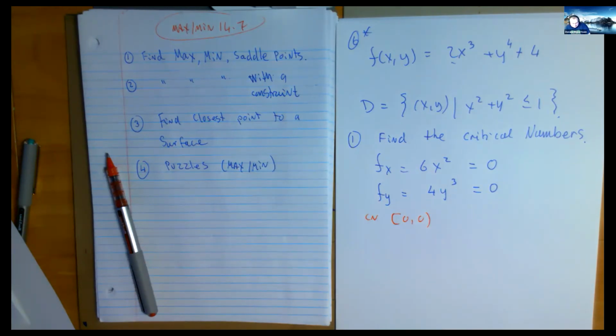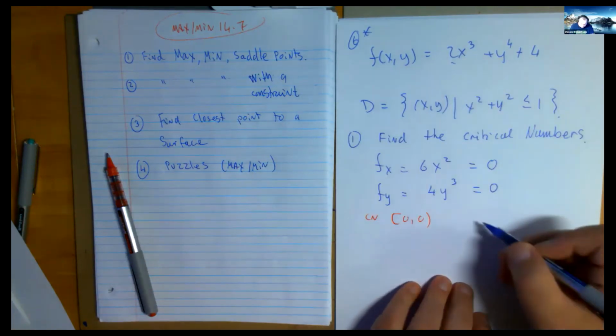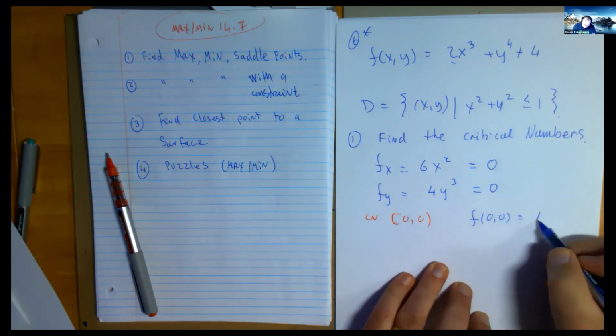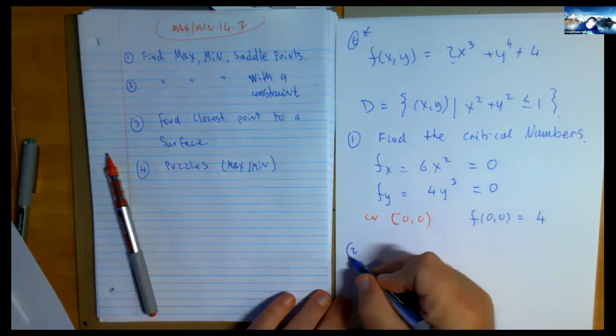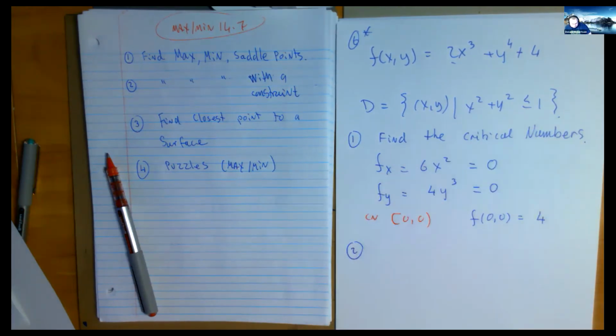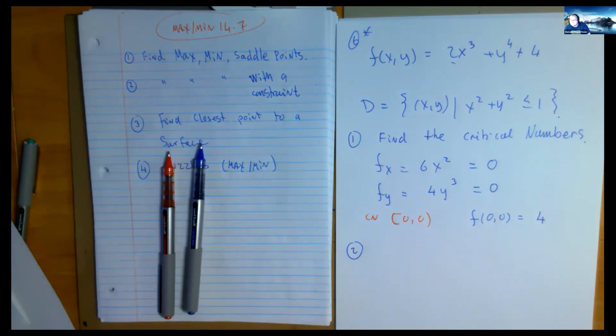Okay. Well, what I would do next is plug this into the value of the function, and I'd find out that at (0, 0), the answer is 4, which is fine, but we're not finished yet, because I haven't taken into account the constraint. And now that I've thought about that, there's something I should have done.